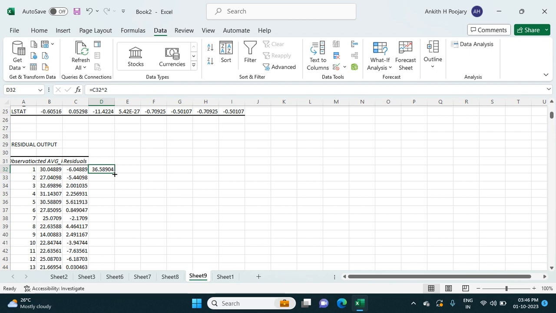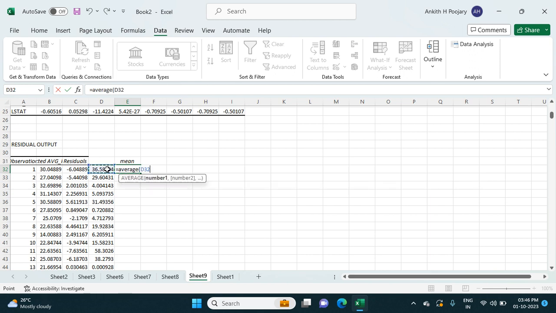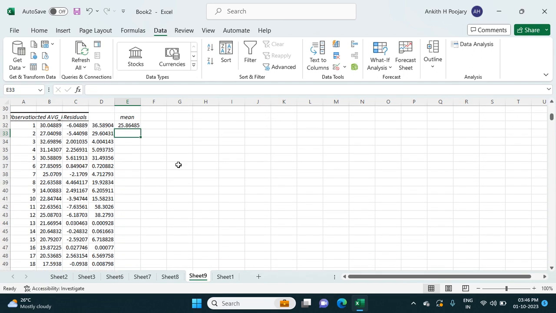Then I double click over here, it will get the square for the whole column, and take the mean of that. To get the mean, meaning average, I select the whole range. I got the mean. First I did the square, then got the mean. Then I want the square root.